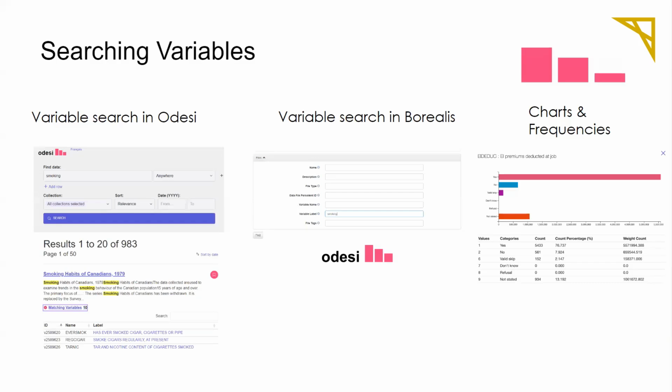And so that's one way you can search for variables. This is all built on top of the metadata that's stored in Borealis, so you can also search for it that way. We also support frequency charts of the data from the search interface. And so when you click on a variable, you would be presented with the summary frequencies.